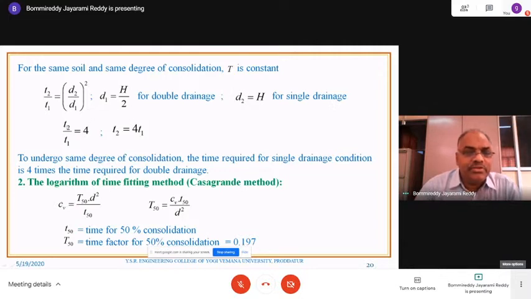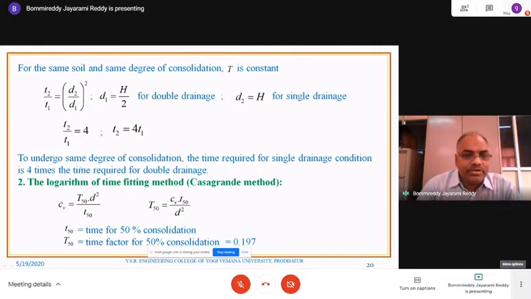So from this, d1 refers to double drainage, d2 refers to single drainage. That means the time required for single drainage is 4 times the time required for double drainage. If water is allowed to pass in two ways, then the time required for the same amount of consolidation is reduced by 4 times. So t1 equals t2 by 4.